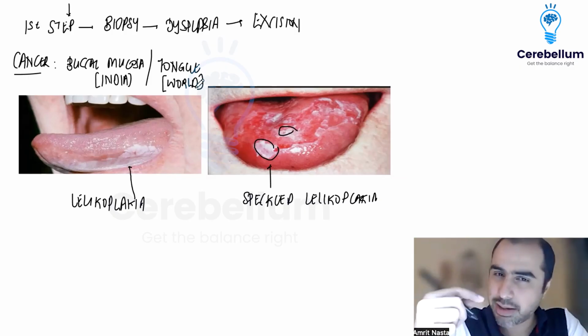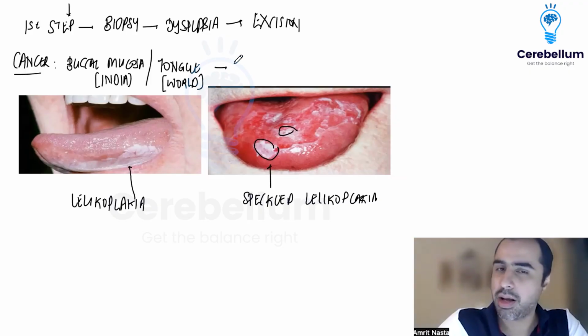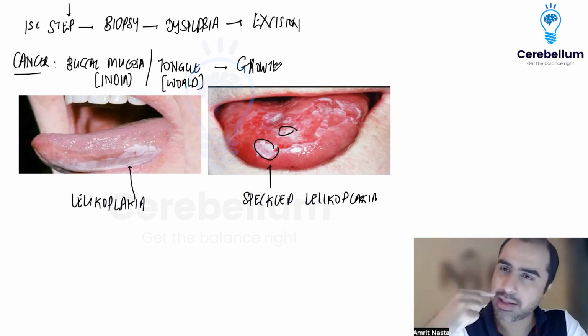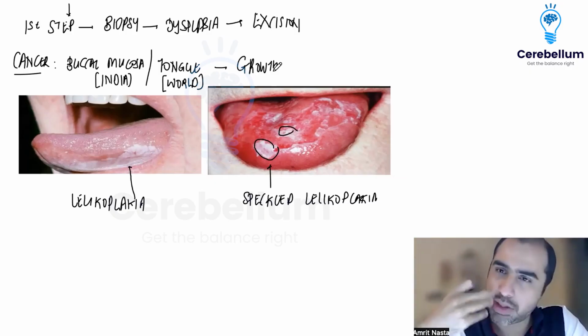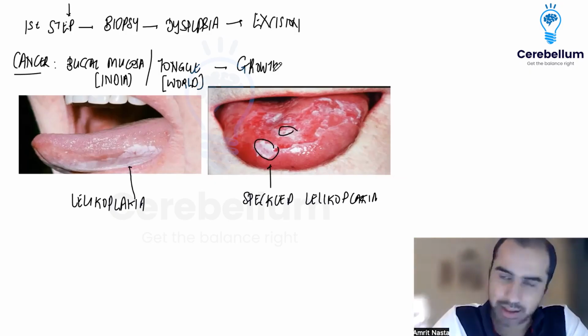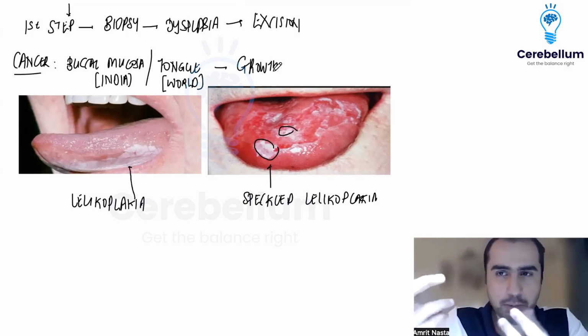And this cancer will just present simply with a growth. There will be a growth, a non-healing, painless ulcer. Easy to diagnose. Patient will say, मुंह में जख्म है, देख लो. You will see it. It will look like a tumor.